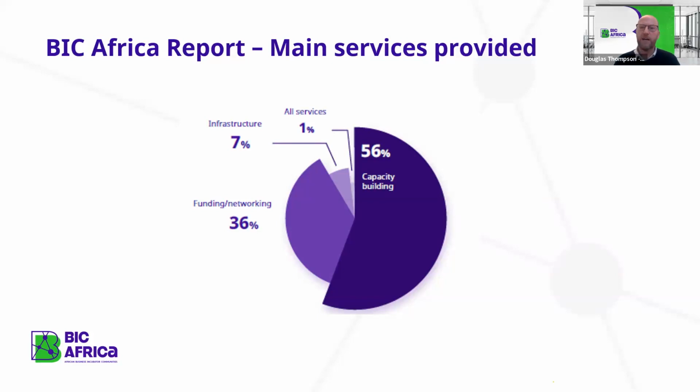So moving on, in terms of main services provided, I think we've got two main aspects here, reflecting what we had before. Of course, over half is capacity building, but I really do like this idea that well over 1/3 is about funding, is about networking, about incubators, accelerators, other programs, other projects trying to help with this very significant challenge, which is always identified, about how entrepreneurs and SMEs can access new funding.